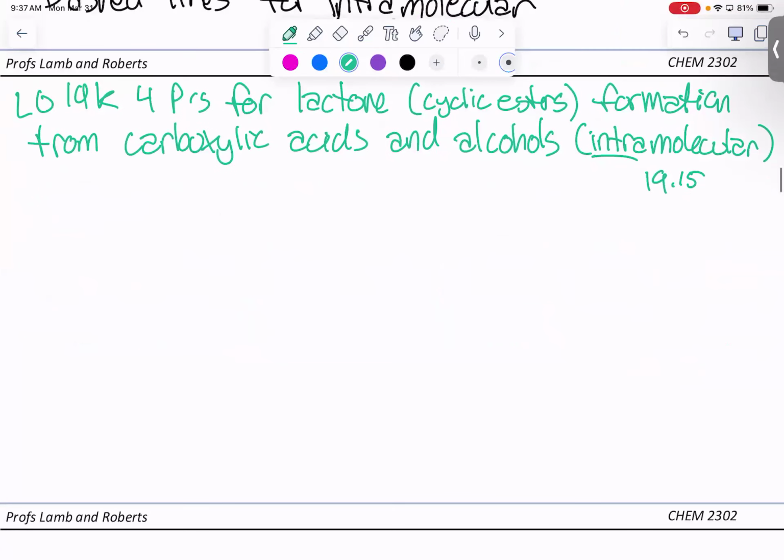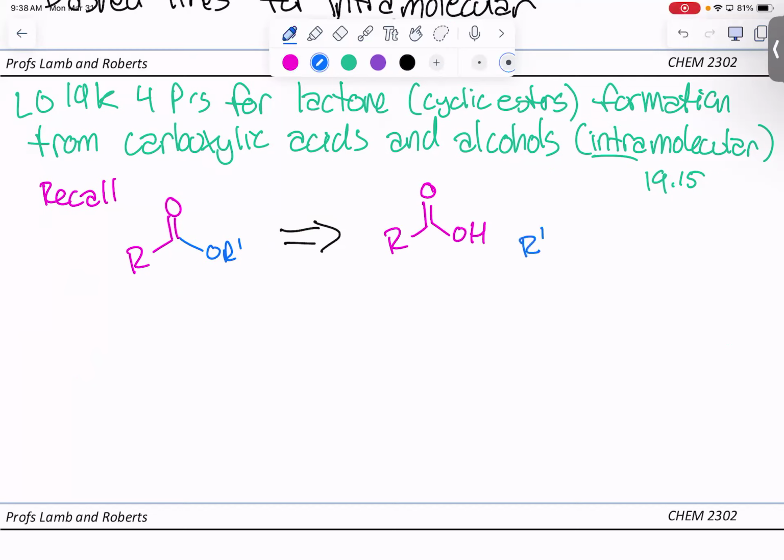All right, so let's convince ourselves that we actually already know how to do this, all right? So if we wanted to form a cyclic ester, we could say, what do we know about the formation of esters in general? We can recall that we had a retrosynthesis for an ester like we just saw: we would go retrosynthetically, and we would say that we would start with a carboxylic acid and an alcohol. That's what we just learned. All right, so if you now want a cyclic ester, so we'll draw our cycle here.